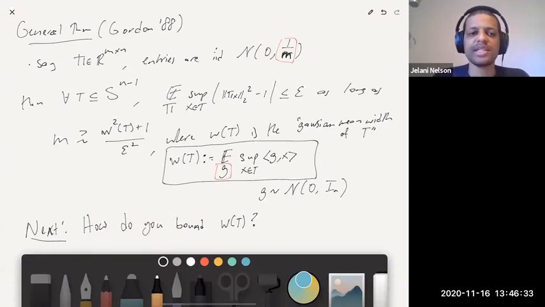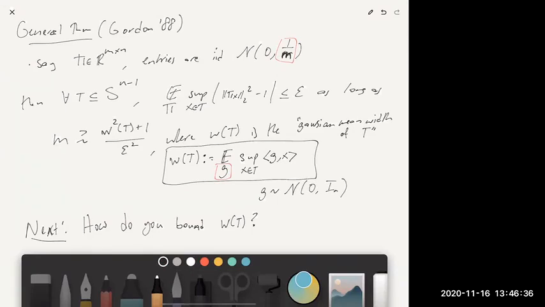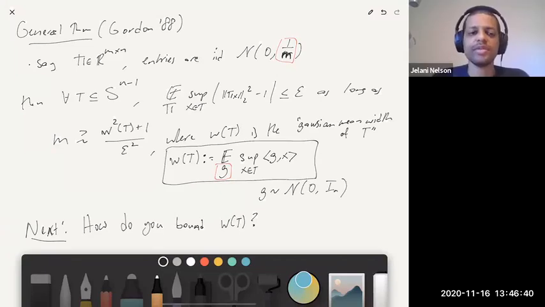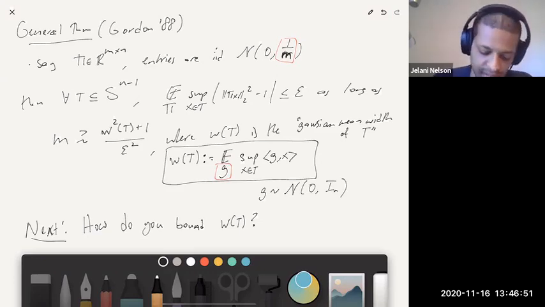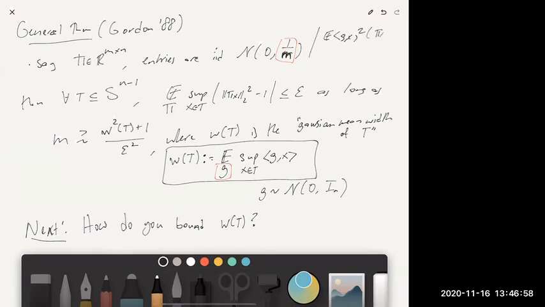Just think about it like this: pretend pi only had one row. Let's call the single row of pi G, a Gaussian vector, and look at G dot x, and look at the expectation of (G dot x) squared. This is basically the L2 norm of pi x squared, if it's just one row. This is equal to the expectation of the sum of G_i x_i.